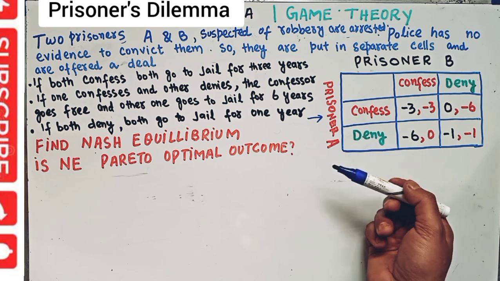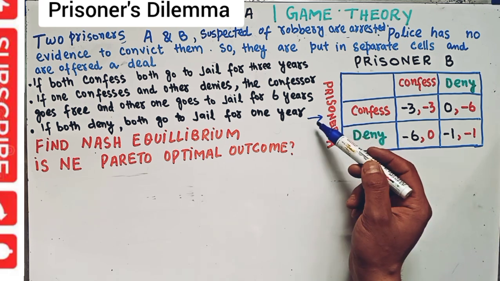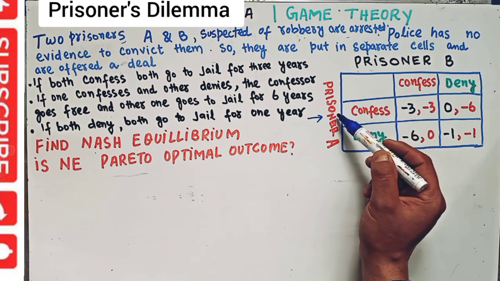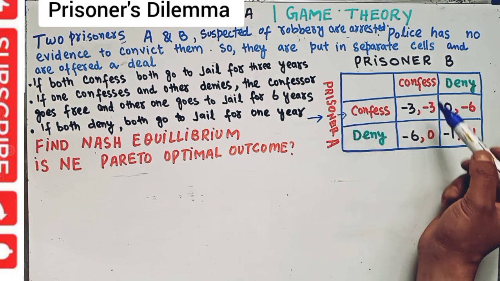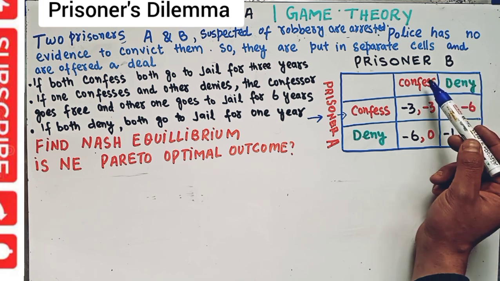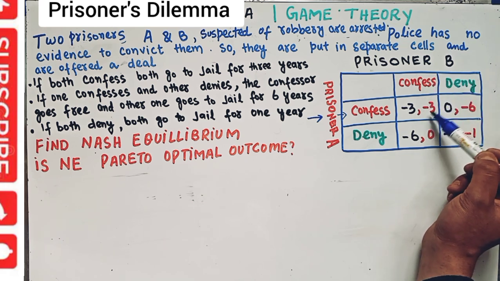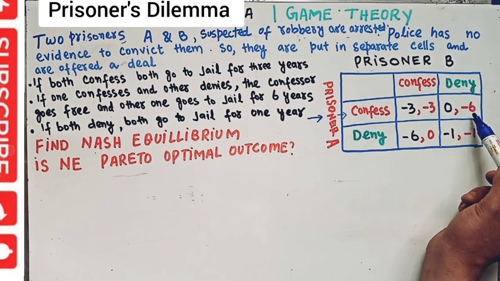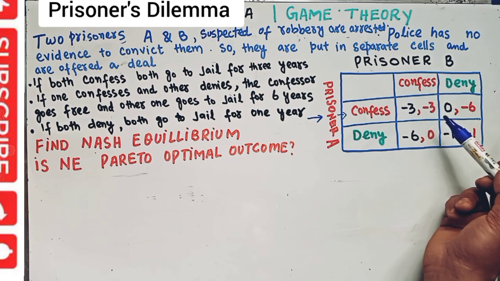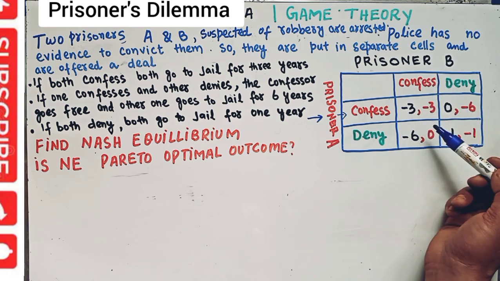Let's take the case from prisoner A's perspective. What happens if prisoner A confesses? When prisoner A confesses, prisoner B has two options, either to confess or deny. Confessing gives him 3 years in jail, denying gives him 6 years. Obviously prisoner B will try to maximize his utility.